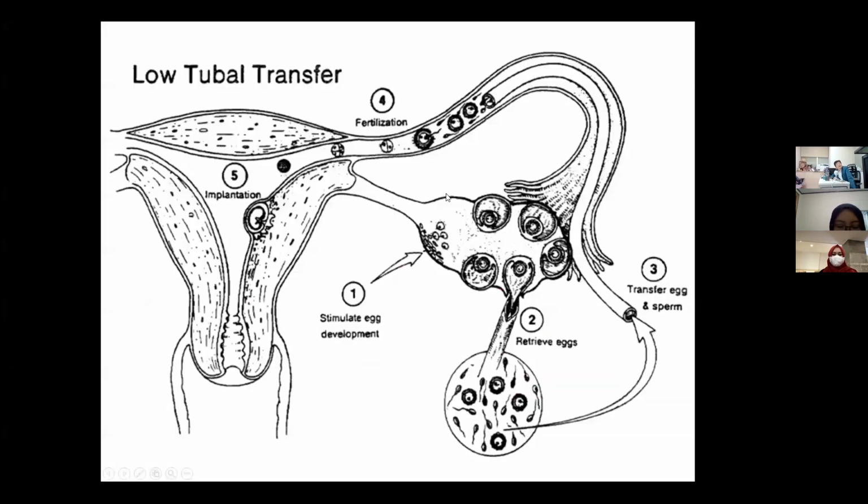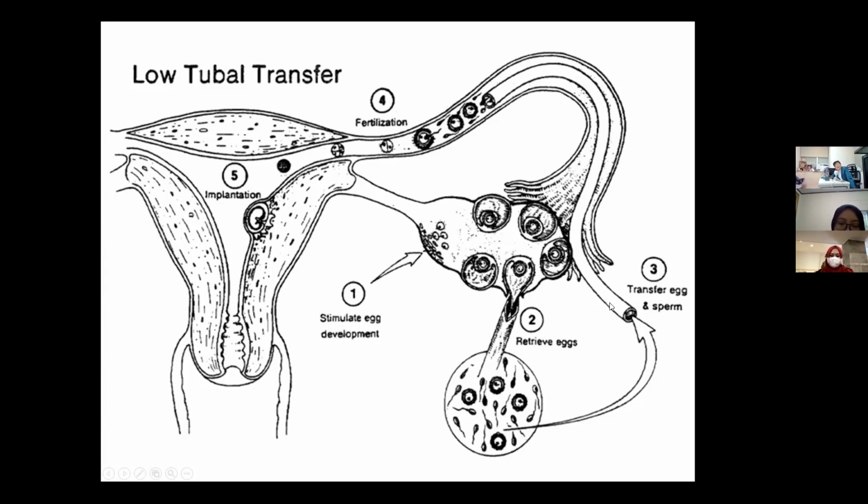Okay, so there's a different kind of tubal transfer. But this kind we need to do surgery, or put a tube into the fallopian tube, and put the egg and sperm here. They can spontaneously fertilize and then go to spontaneous implantation. But for this tube, we need to do laparoscopic surgery.